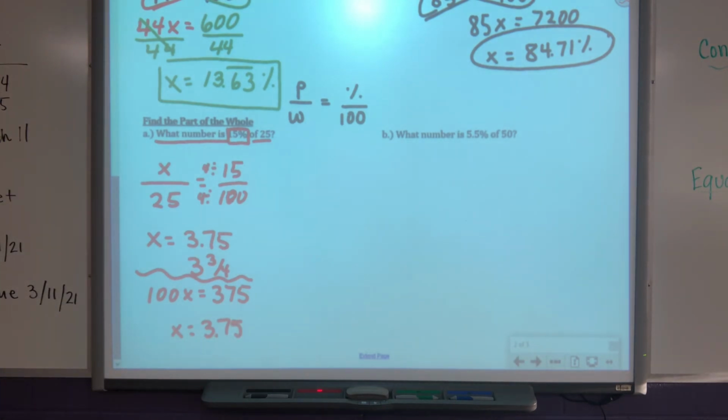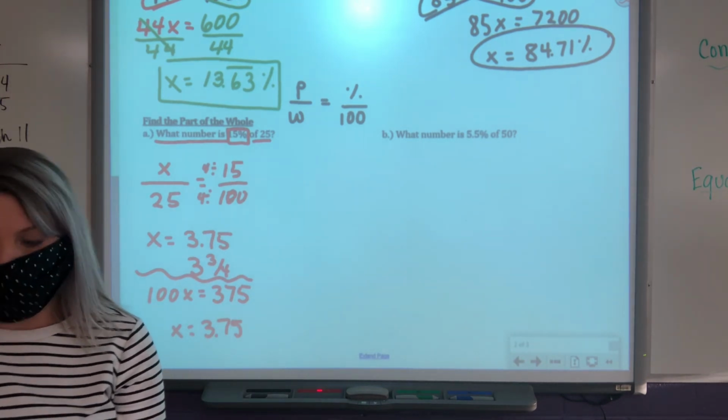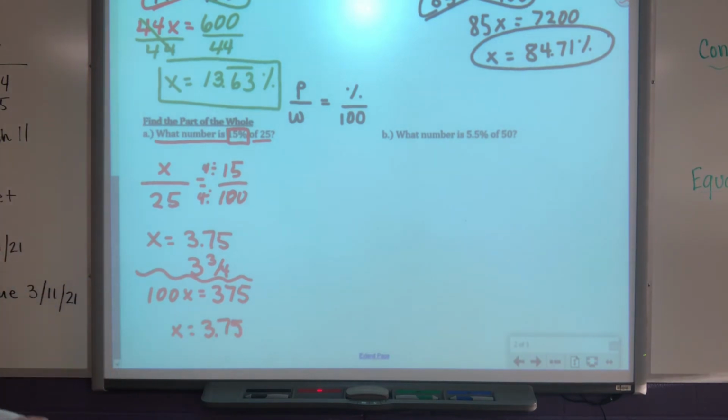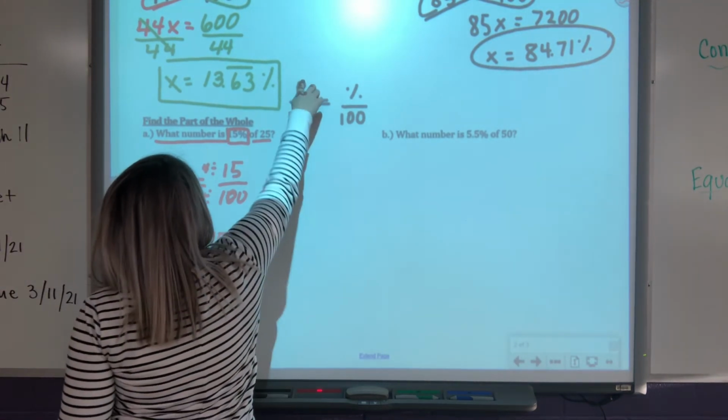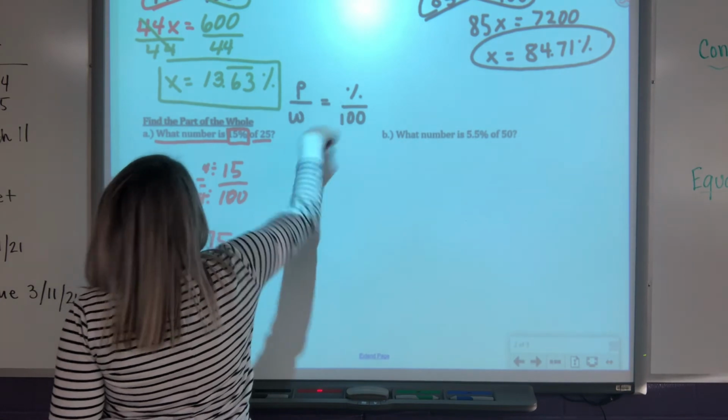Okay. Try to set up letter B on your own. What number is 5.5% of 50? So think about our percent proportion. Part over whole equals percent over 100.